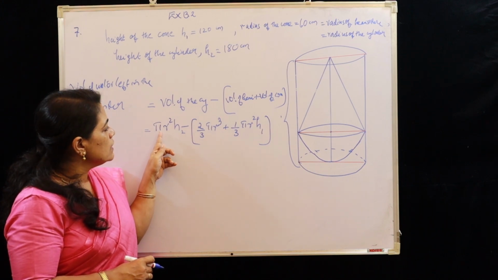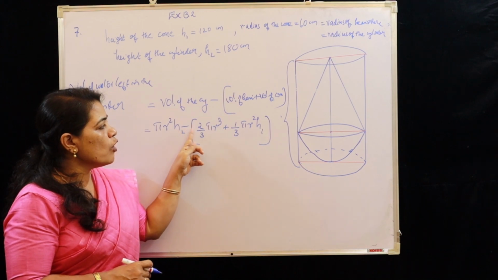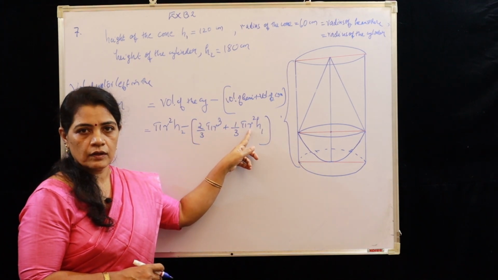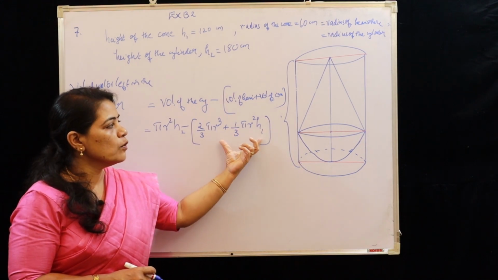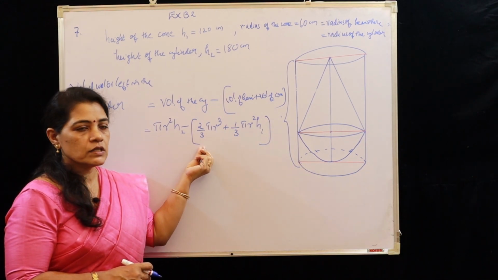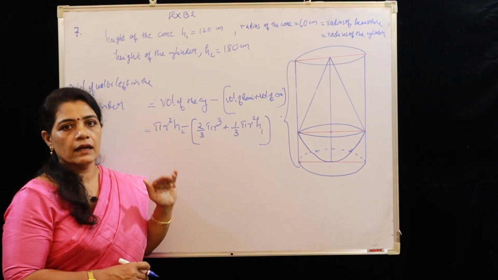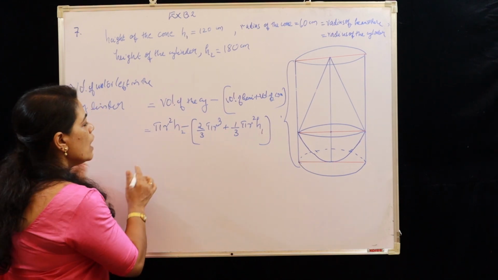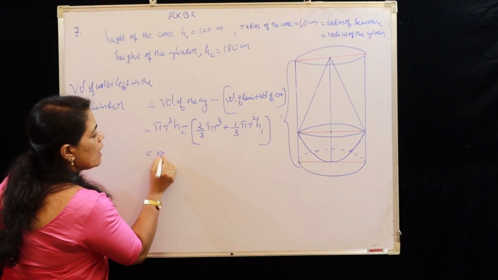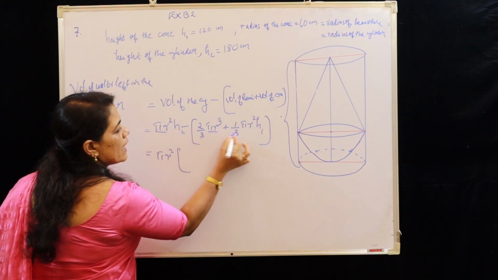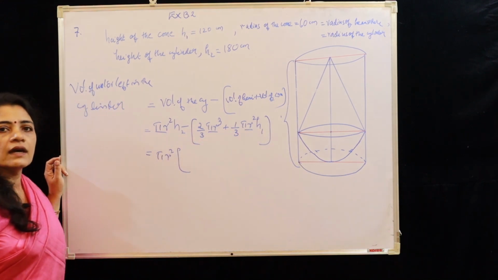So children, when you open the bracket you can see pi r square, here also pi r square, so pi r square from both terms can be taken outside. Again from the first term, pi r square can be taken outside, and from the third term also pi r square.